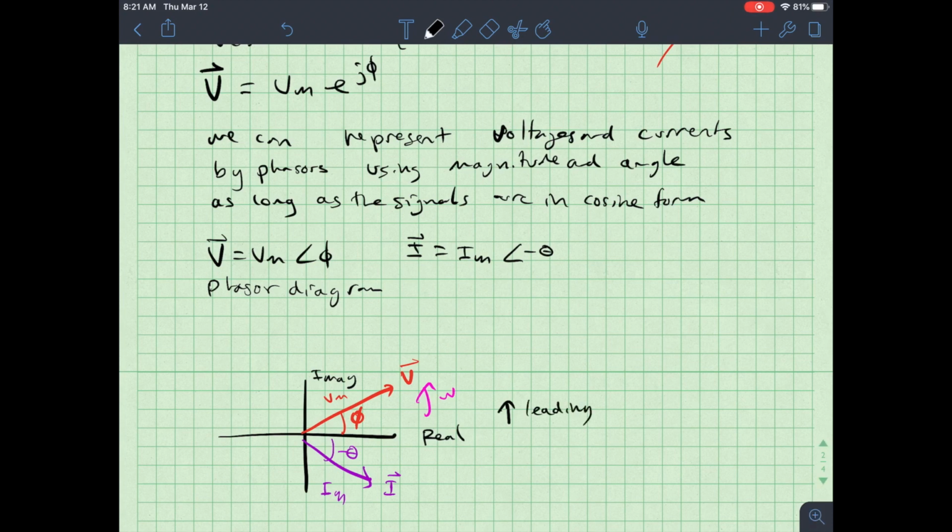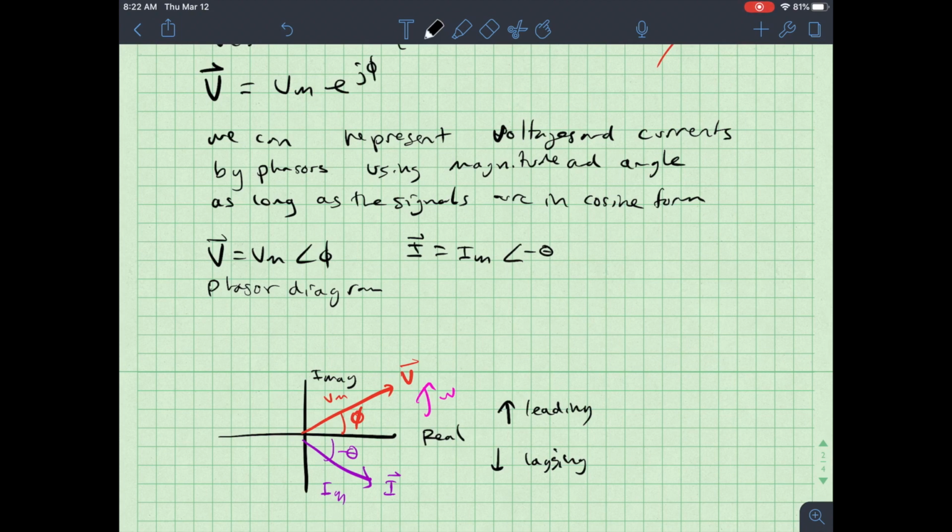These are terms where you're comparing things relative to each other, but a leading signal would be something which has a positive angle, most likely between 0 and 180 degrees.